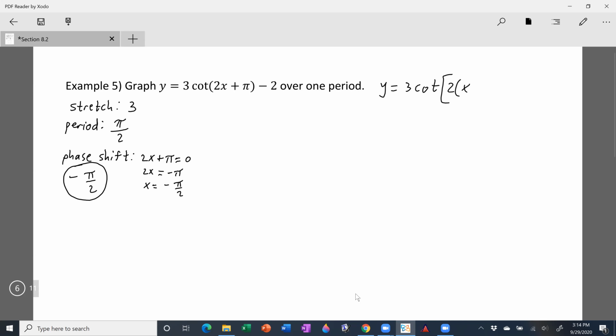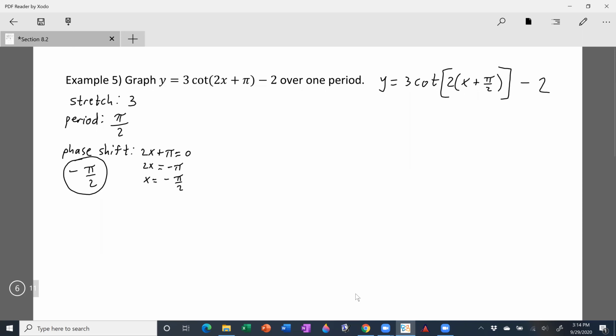And so dividing both of those by 2, we get plus pi over 2 like this. Okay, and so when it's factored out like that, the plus pi over 2 tells you exactly that it's a phase shift in the opposite direction of that.